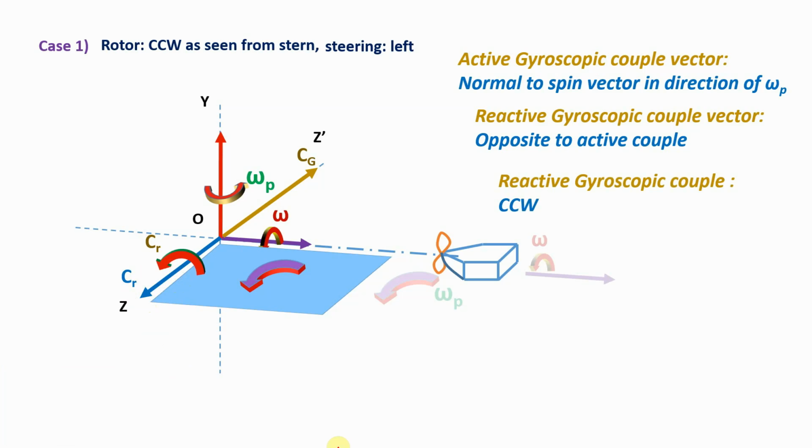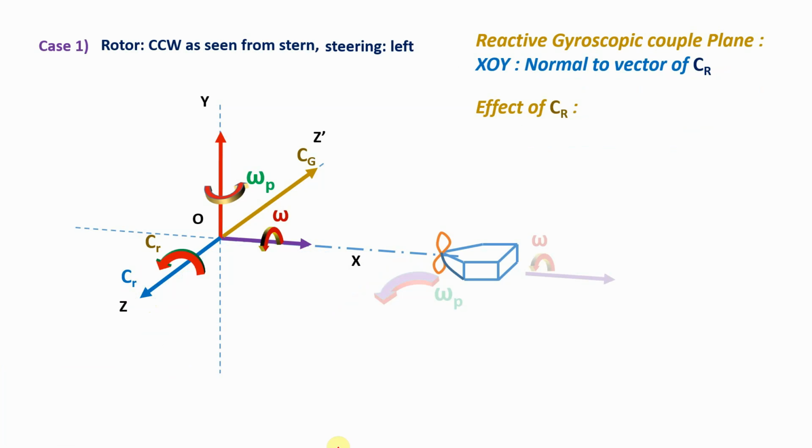Now let us find out the plane in which this reactive torque acts. Reactive torque CR will act in a plane perpendicular to its vector. So CR will act in a plane perpendicular to vector OZ, and that plane is plane XOY.